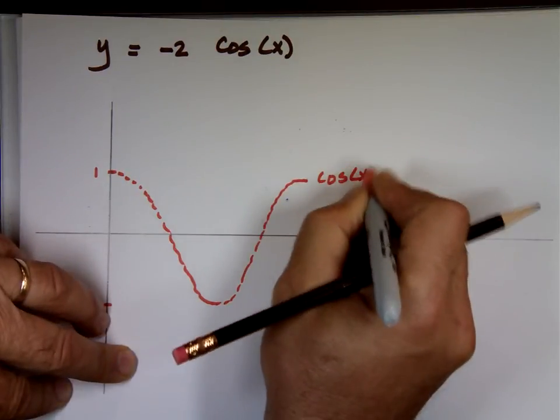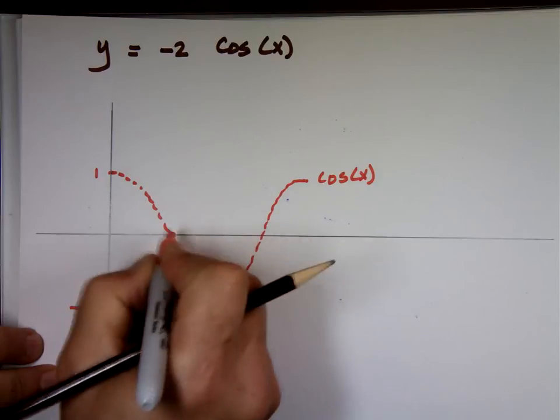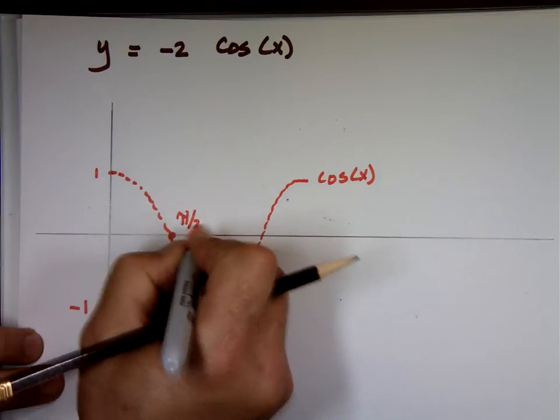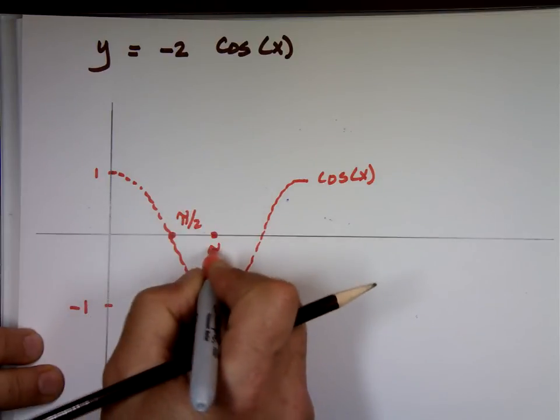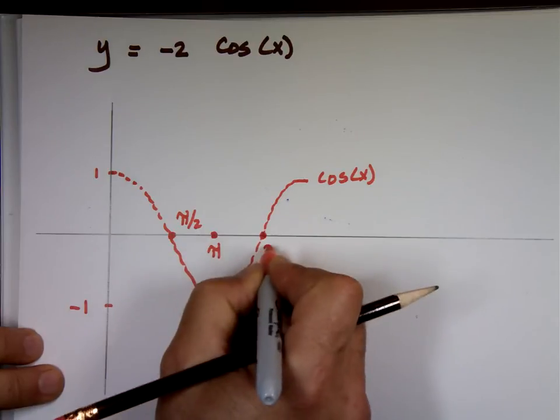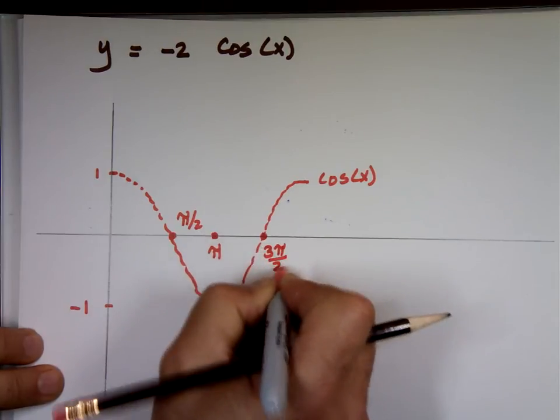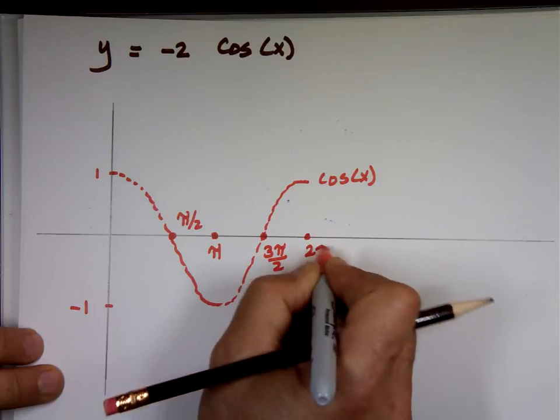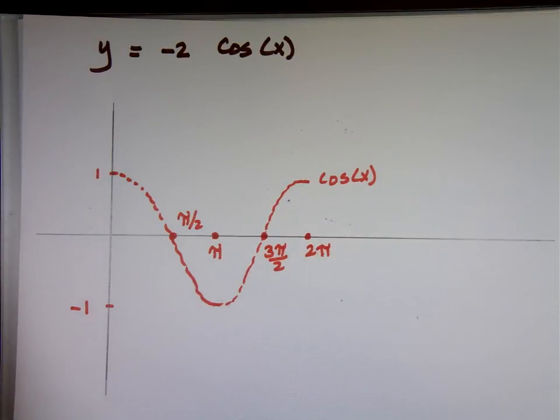Again, let me put the numbers here for now. Pi over 2. Pi. I'm sure you're sick and tired of listening to these numbers. 3 pi over 2. And 2 pi. But I bet you most of you now got them. Just keep writing them and writing them. You'll know it.